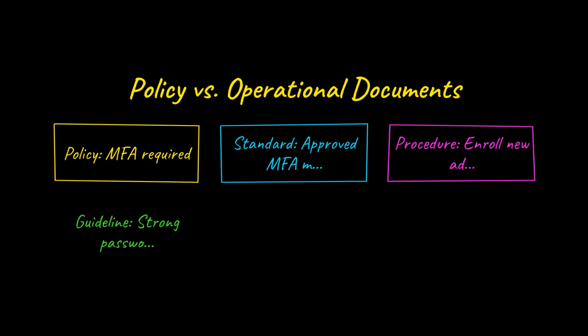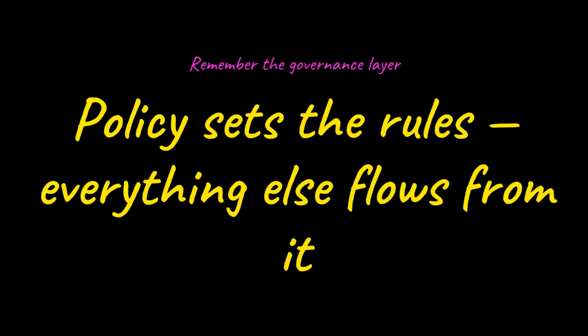A standard names acceptable methods. A procedure describes how to enroll someone. A guideline suggests password best practices. When a scenario describes a written document that establishes mandatory security rules and assigns enforcement responsibility, that is the security policy concept being tested. Procedures, runbooks, and audit findings all operate beneath it.